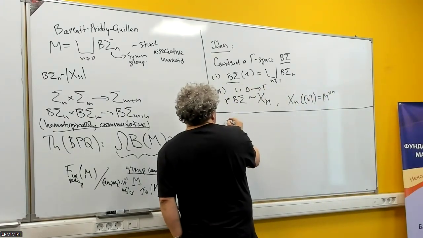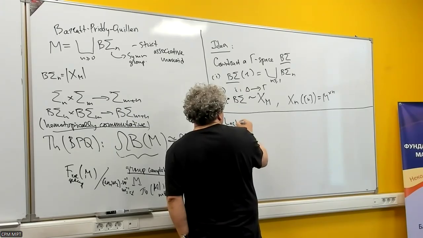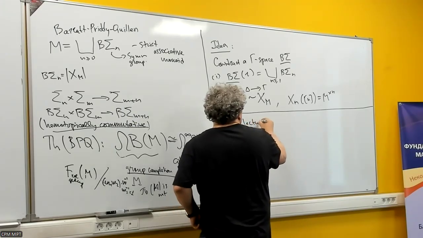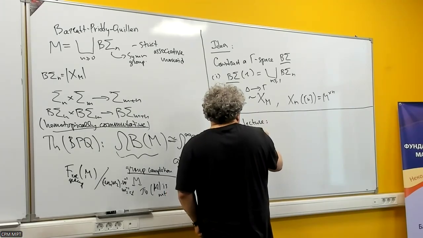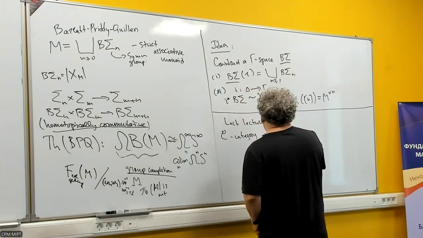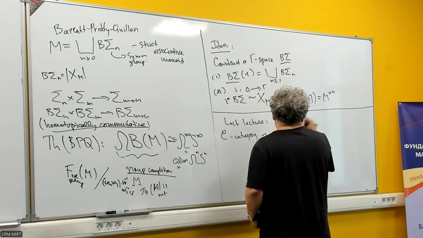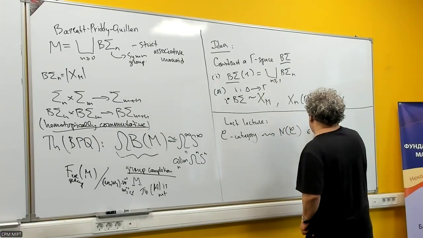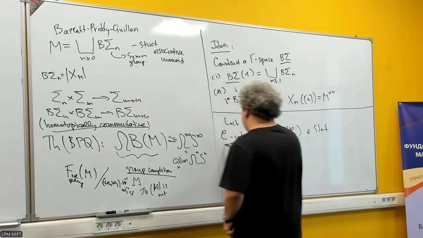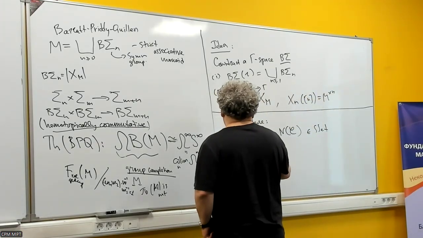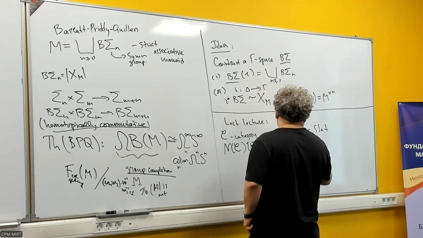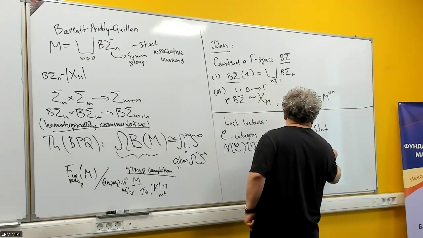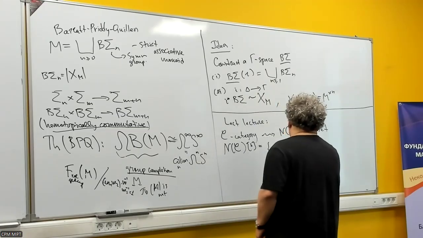So I recall that at the end of the last lecture, I defined for a category C, say a small category, its nerve, which is a simplicial set. And I recall that the nerve of C in degree n was all sequences of composable arrows of length n.